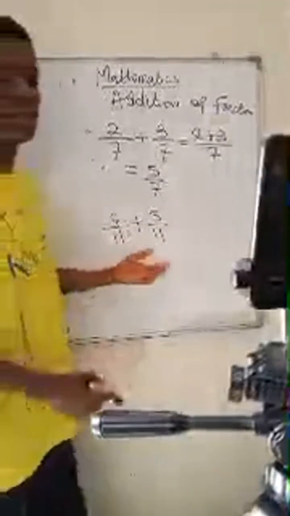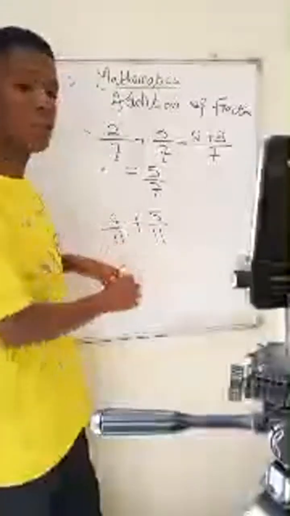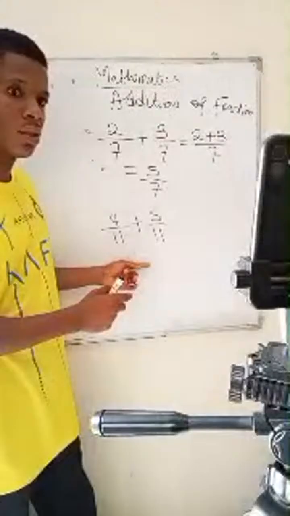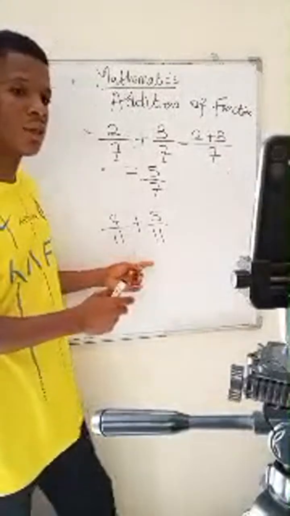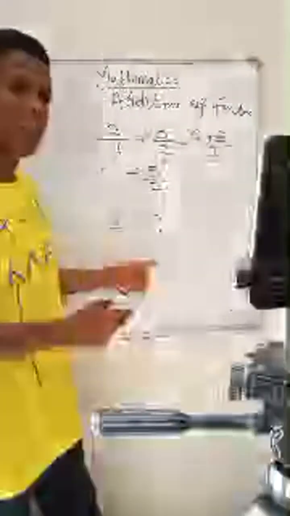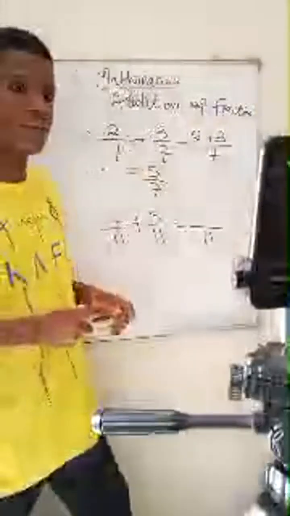If I look at this now, what do I observe? I observe that the two denominators are the same. What is the denominator? Which number is that? 11. Good. So since they have a common denominator, I should keep it the same. Are you seeing it now?